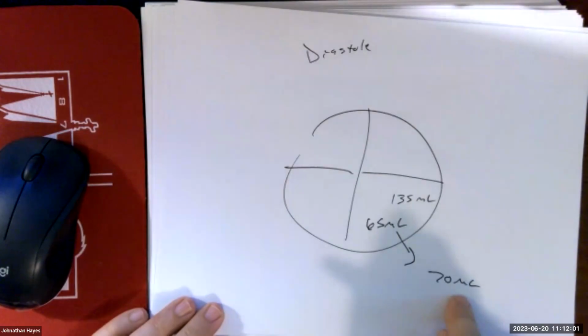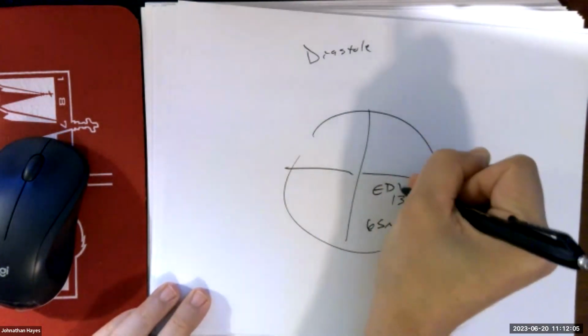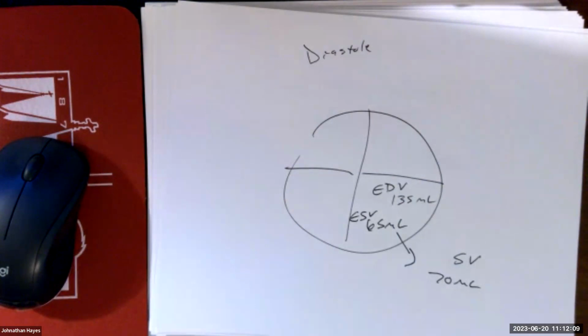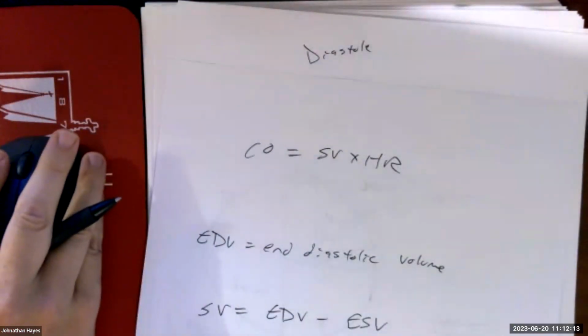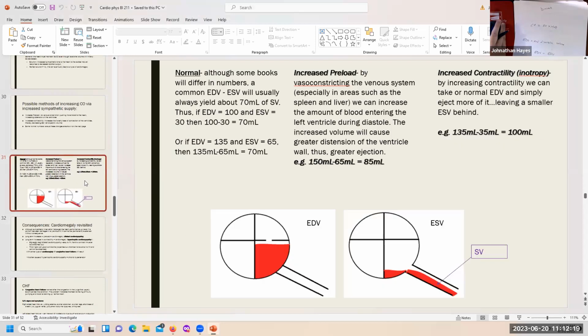So this ends up being the stroke volume. This is end diastolic volume. This is end systolic volume. So that's what I was showing you. And there's also a little kind of picture I made for you in here, because I know it's hard to follow sometimes. It has all these numbers in there too.